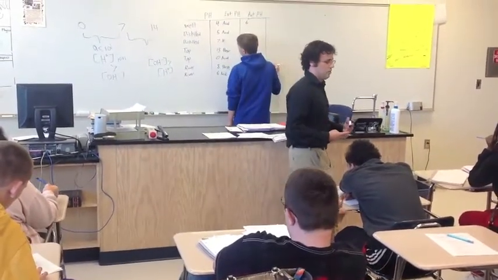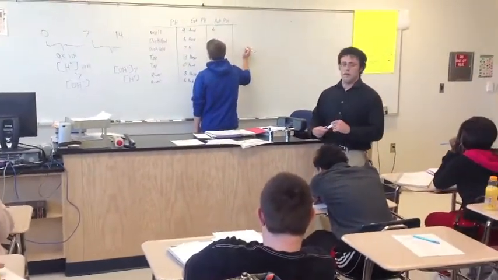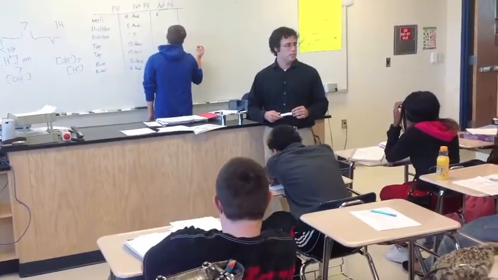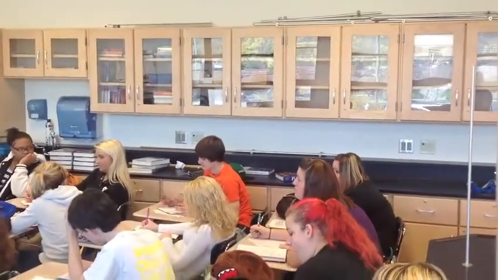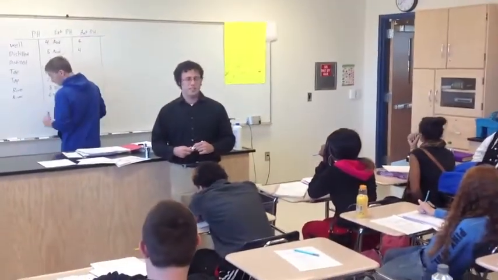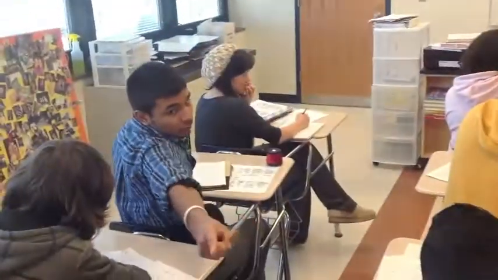So the first group that gave me their number, can you tell me what you had for your actual pH? You actually got 4? That's interesting. Alright. Now for the other distilled group. What was the other group that had distilled water? Christian.